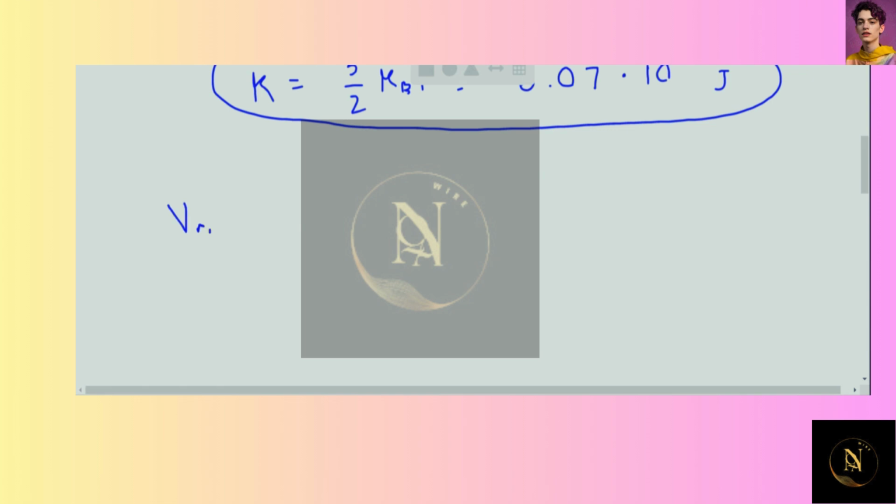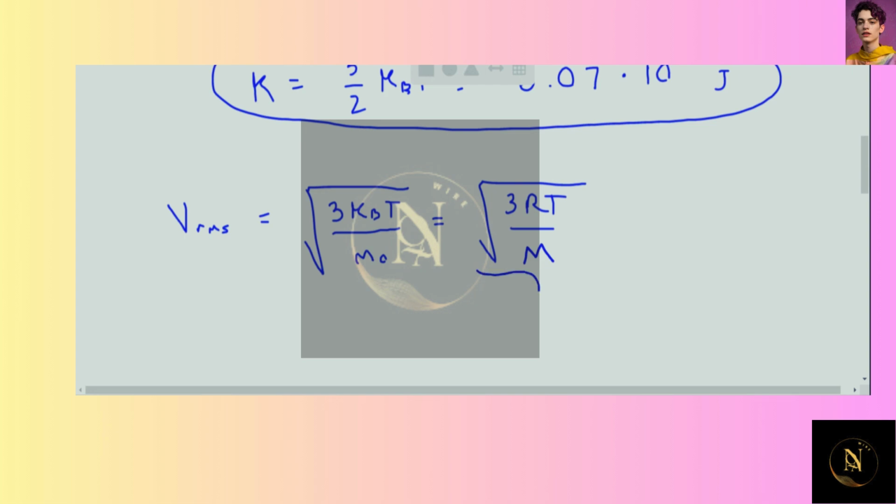So v RMS, root mean squared velocity, is just equal to the square root of either 3 kBT over the mass of an individual molecule, or 3RT over the molar mass, which I tend to prefer because the molar mass is generally easier to remember.